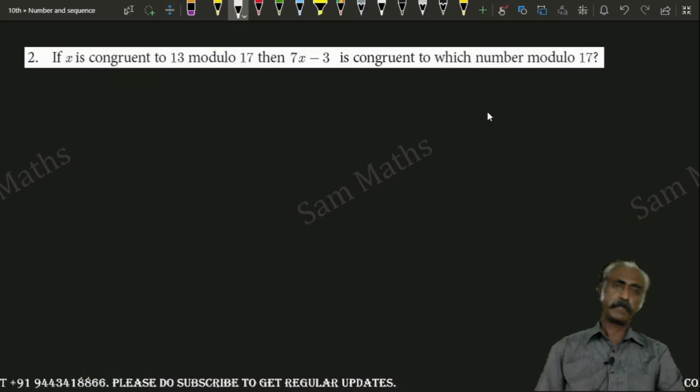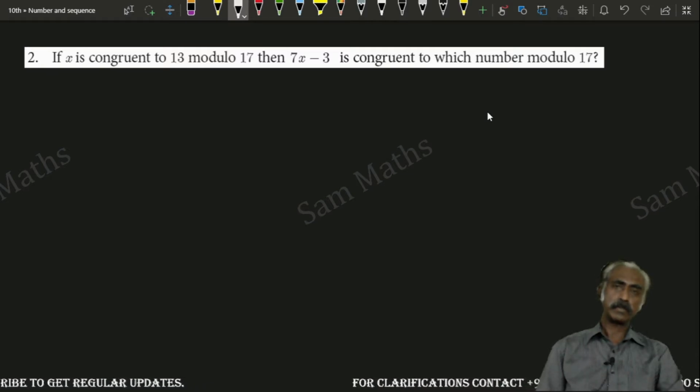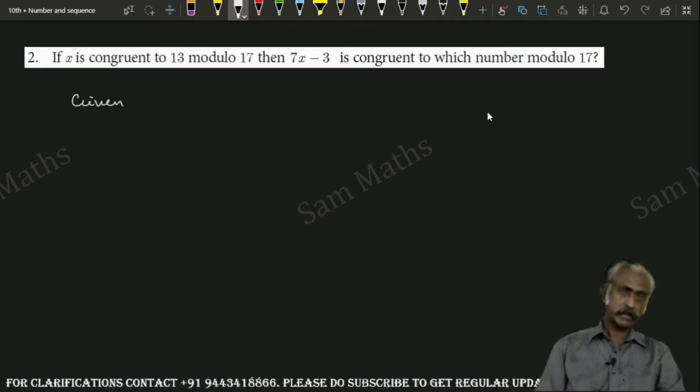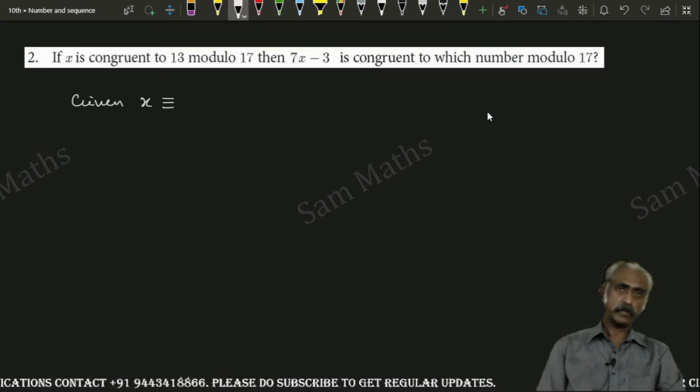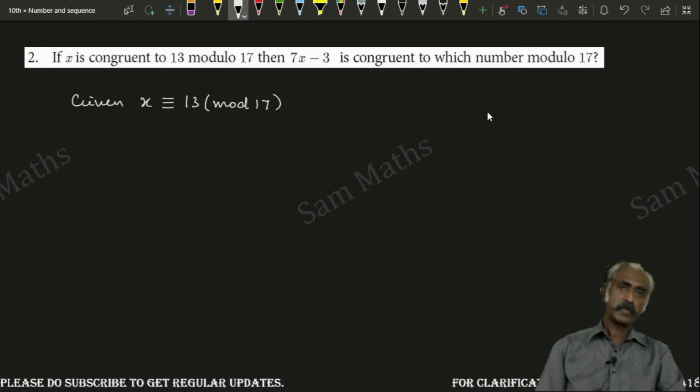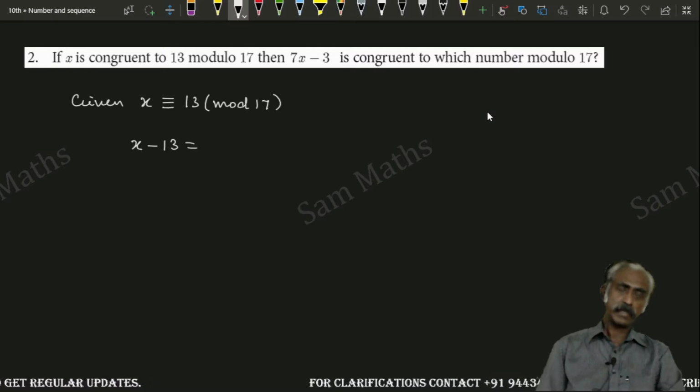Second question, if x is congruent to 13 modulo 17, then 7x minus 3 is congruent to which number modulo 17? We can write the solution: given x is congruent to 13 modulo 17, that is mod 17. Therefore, this we can write as x minus 13 is equal to 17k.